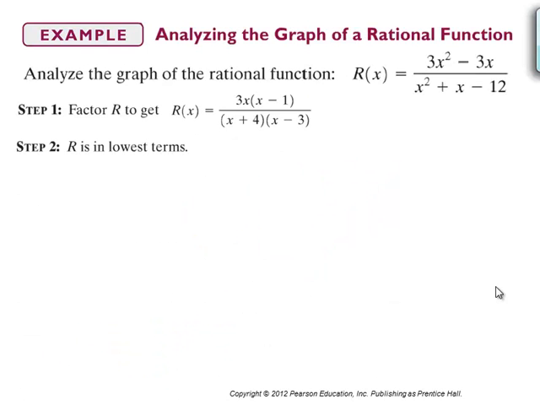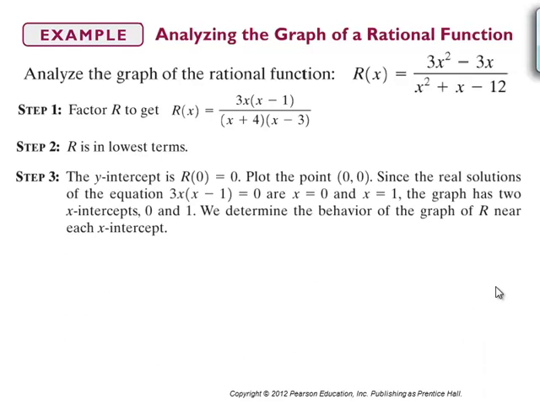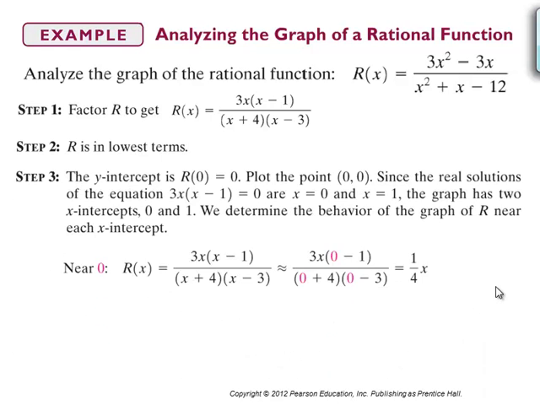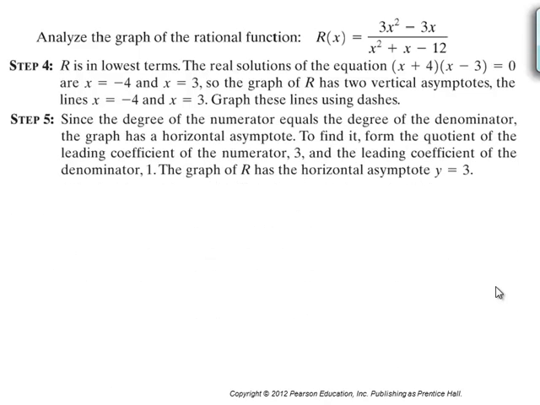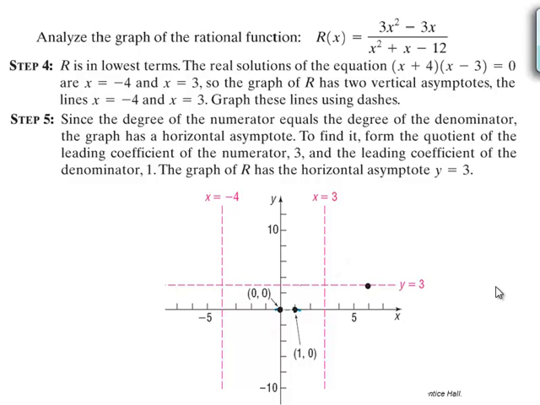Here's an example where you have a rational function where the numerator and denominator are of the same degree. So you're going to have a horizontal asymptote of 3 in this case. So you're looking for intercepts and asymptotes. Essentially, that's really the big things that you're looking for. And then the behavior of the function near your asymptotes and near your intercepts.